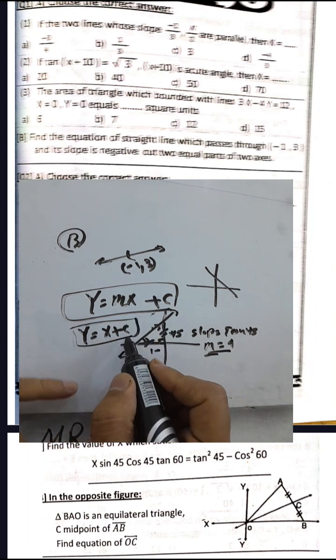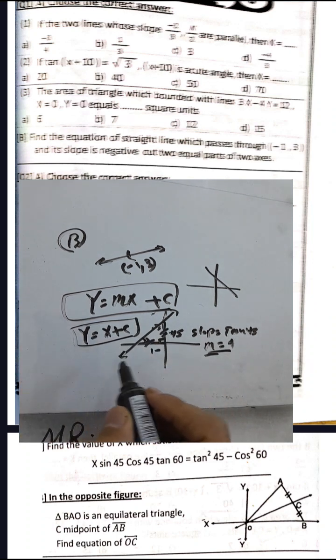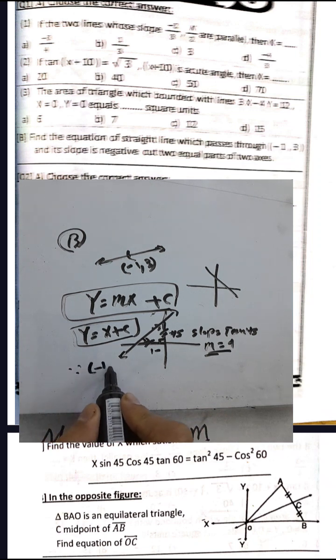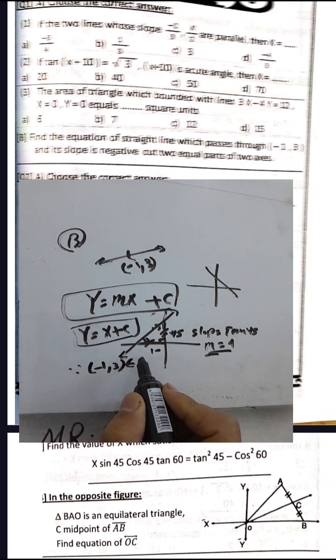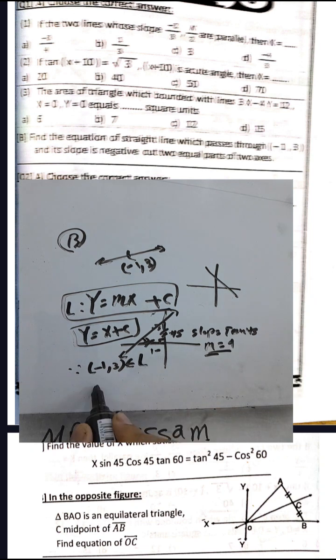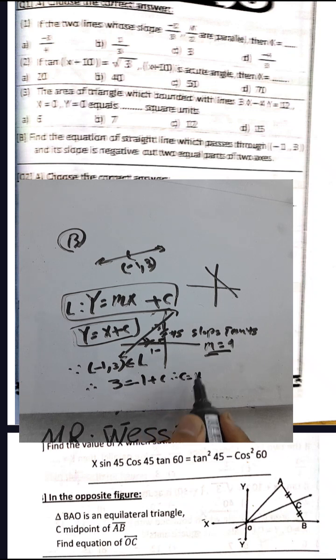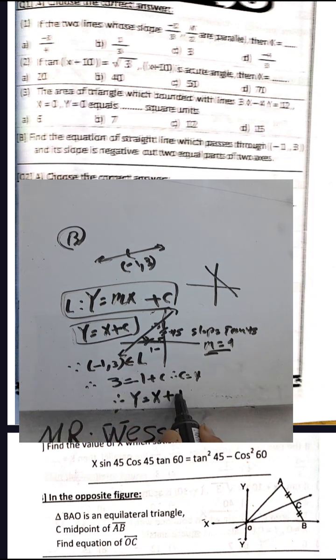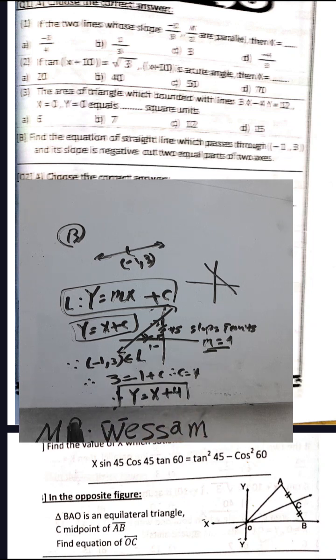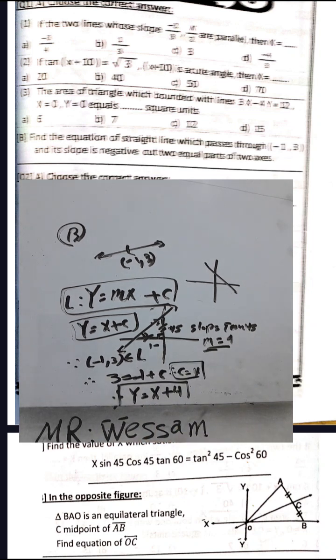Then we put the point negative 1 and 3 into the straight line L. This point satisfies the equation, right? y equals 3 and x equals negative 1, then the constant will be equal to 4. Then we write the equation y equals mx plus constant, where m is 1 and the constant is 4. Then the equation is y equals x plus 4.